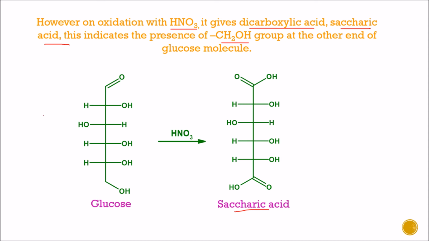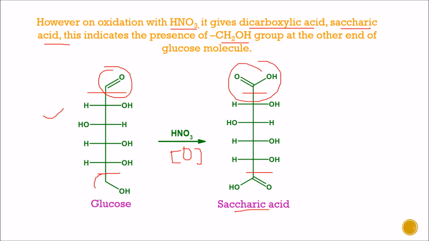Here both the ends undergo oxidation and form COOH group. Carbon number 1 CHO forms COOH group, and carbon number 6 CH2OH again undergoes oxidation and forms COOH, that is the structure of saccharic acid, that proves the presence of CH2OH at the other side of the glucose.